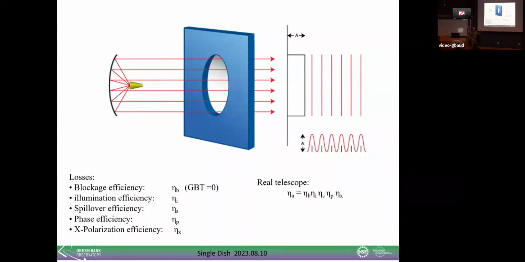We correct for it a little bit. There's a slight correction you can use, and it's just the angle of the subreflector relative to the feed, which compensates a little bit for cross polarization, but only at the secondary focus, not the primary. So you lose a little bit there too.